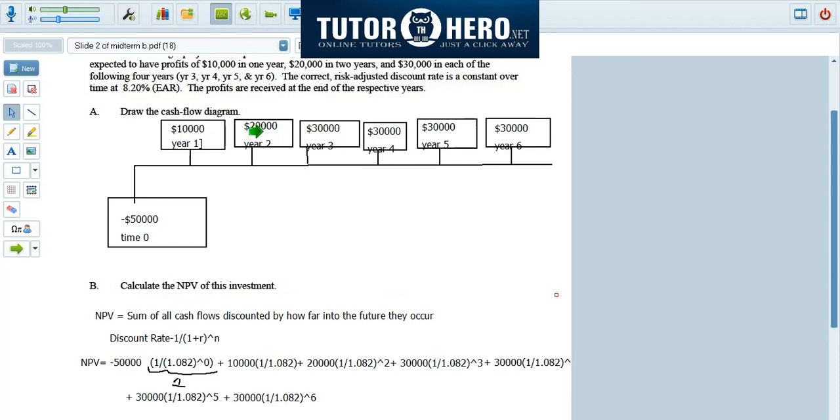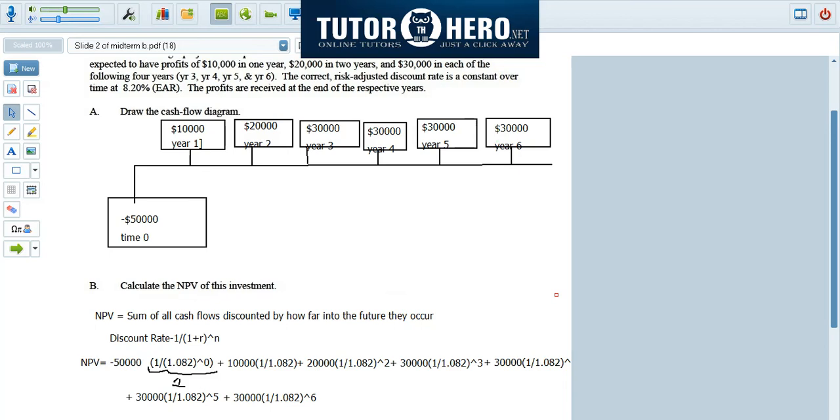After that, $20,000 in year 2, discounted by the 2-year discount factor, and so on. So every term in your net present value sum should correspond to a point on your cash flow diagram. So all that's left is to add it all up and get the precise numerical answer. And I'm going to trust that you can do that on your own.